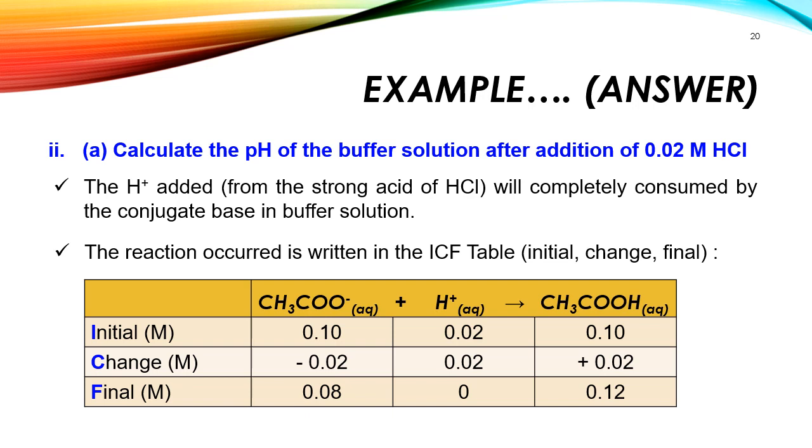Take note that the strong acid added is only a small amount. Therefore, the H+ ion in the reaction will be the limiting reactant. At the end of the reaction, we still have remaining ethanoate ion at 0.08 molar and ethanoic acid at 0.12 molar. The H+ is completely consumed in the reaction.